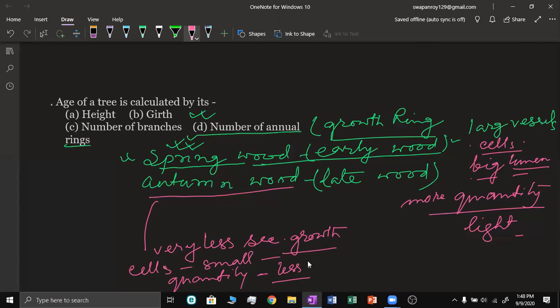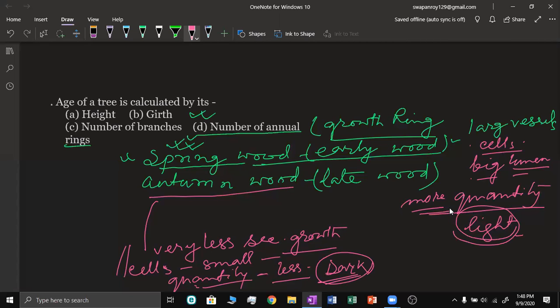Due to these smaller cells in unfavorable condition, quantity is less. So they are slightly dark in color. Dark color, here it is light colored and large quantity.